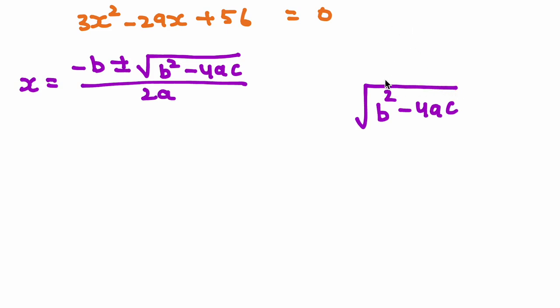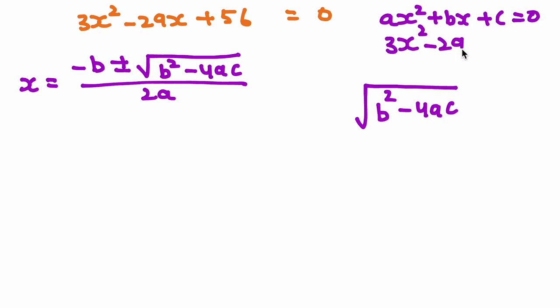So let's see what a, b, c are. The standard quadratic equation is ax squared plus bx plus c equals 0, and the equation we have is 3x squared minus 29x plus 56 equals 0. So a is 3, b is negative 29, and c is 56.